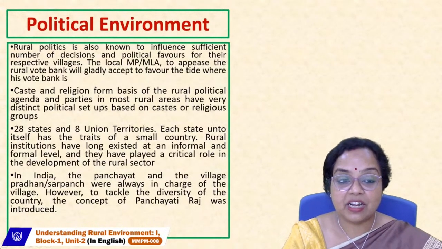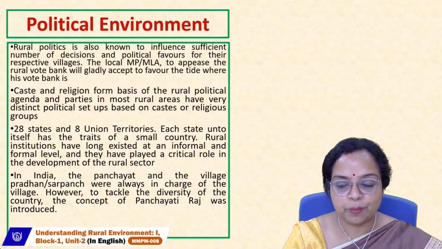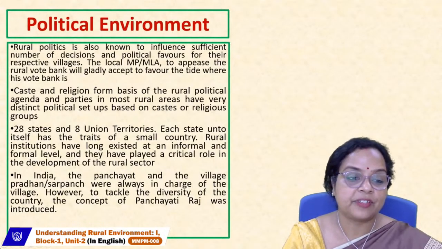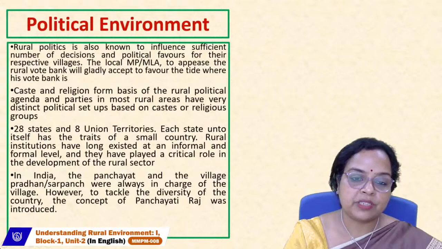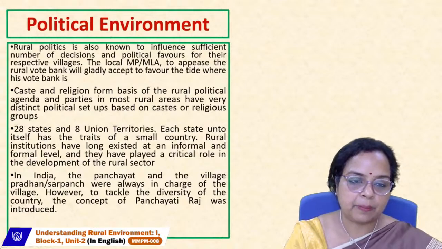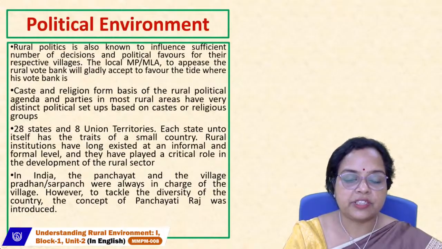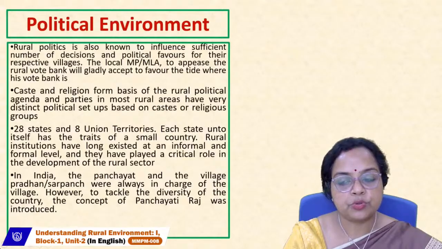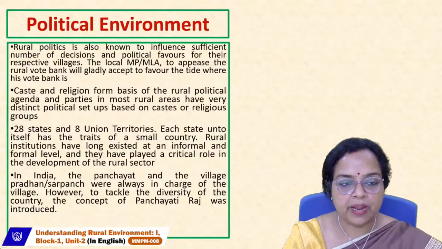The second part is caste and religion, still important in village life. Caste and religion form the basis of the rural political agenda, and parties in most rural areas have very distinct political setups based on caste and religious group. They used to enhance their vote banks based on caste and religion.